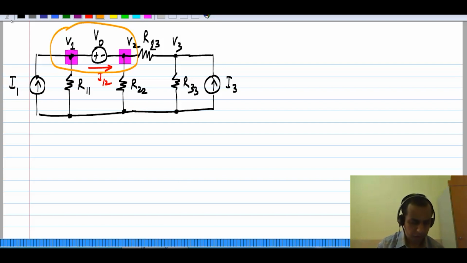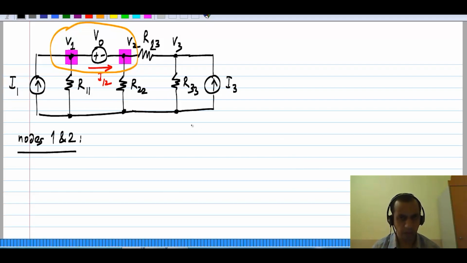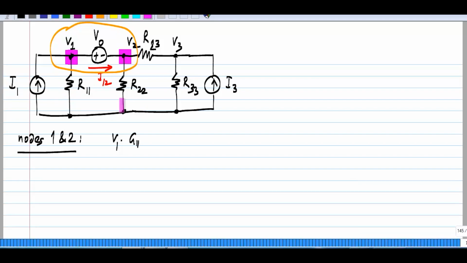This is the supernode. So the combined equation for nodes 1 and 2 is nothing but the sum of currents leaving the supernode through resistors, which corresponds to V1 times G11, because at node 1 we have only a single conductance, but at node 2 we have these two conductances G22 and G23. So we have V2 times G22 plus G23, and you can have conductances going from any one of these nodes to other nodes outside the supernode, and those will appear with a negative sign as usual, minus V3 times G23.